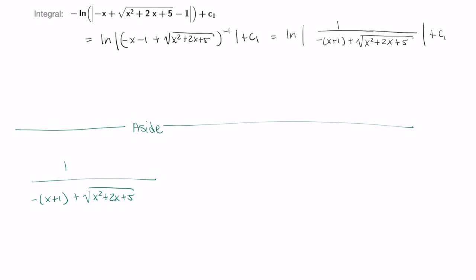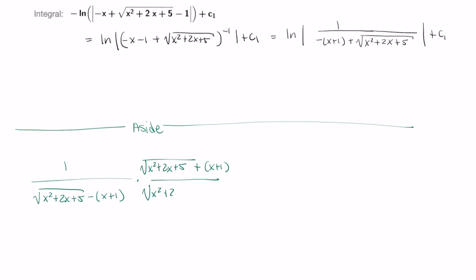I'm going to multiply this by its conjugate. To make it a little more clear of what this will look like, I rewrote the denominator here to make it really obvious that we can just multiply by root of x squared plus 2x plus 5 plus x plus 1 divided by the same quantity.